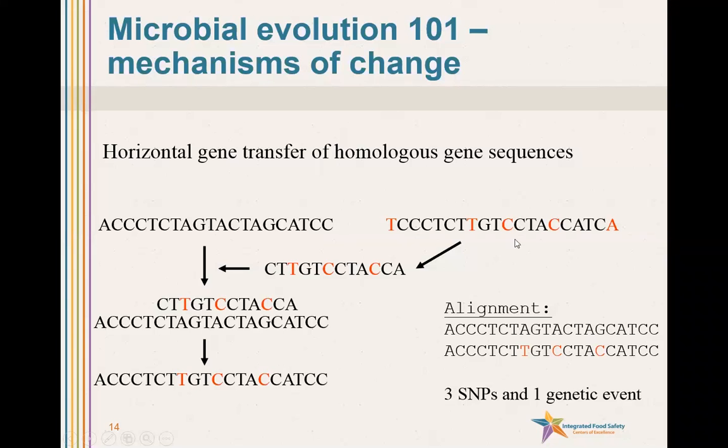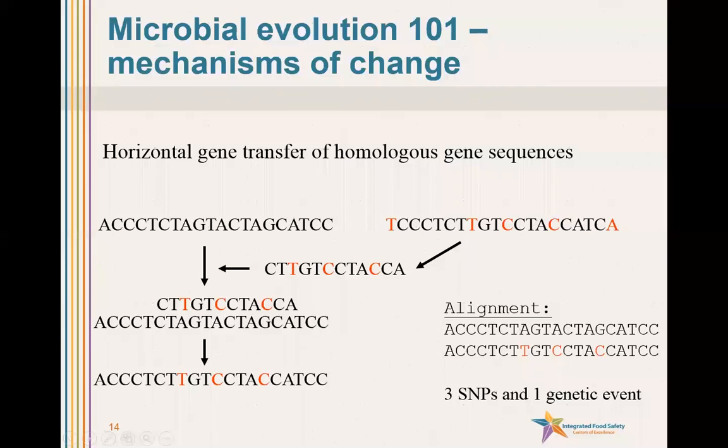Now we have a similar bacterium that lives in the same environment that has the same gene, but with slightly different sequences, and the differences are shown in red here. Now that sequence can move from the one bacterium shown on the right into the one on the left, incorporate into the chromosome, and replace the sequence that is there in one fell swoop. So with one single event, we can introduce a considerable number of differences.